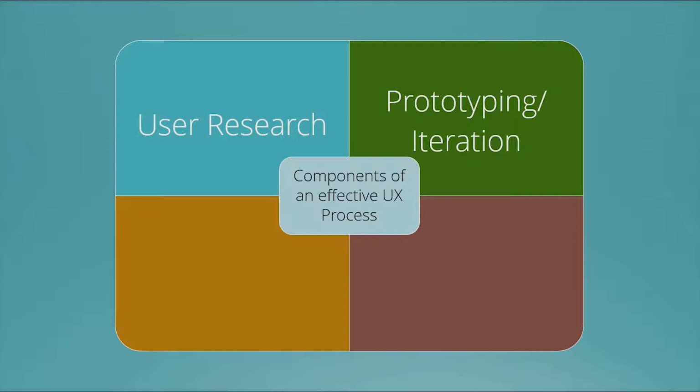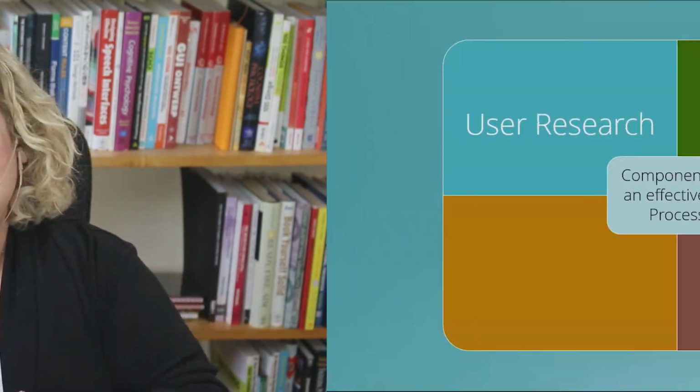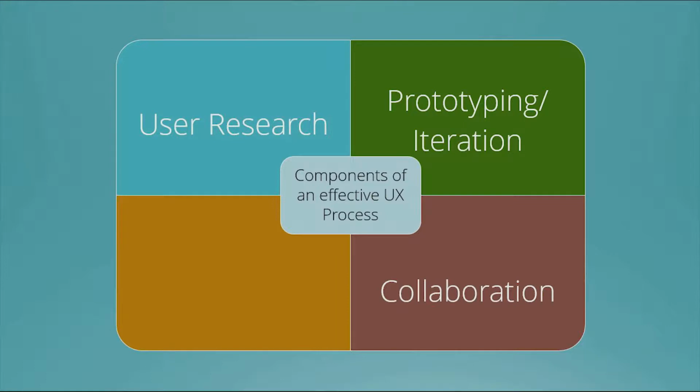All of them have some amount of collaborating with others. They usually all have some amount of getting feedback from the target audience. Some of the processes have a lot of collaboration with the target audience. Some have at least getting some feedback. And there's collaboration with stakeholders. There's collaboration with the programmers and developers. And so the idea of collaborating with others is part of all of these UX processes.